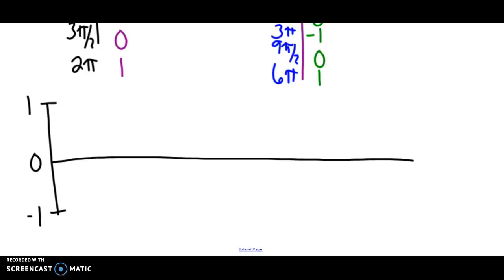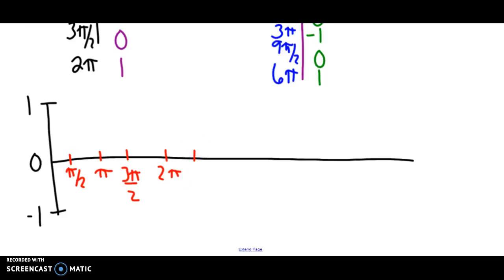So I start at 0, pi over 2, pi, 3 pi over 2, 2 pi.